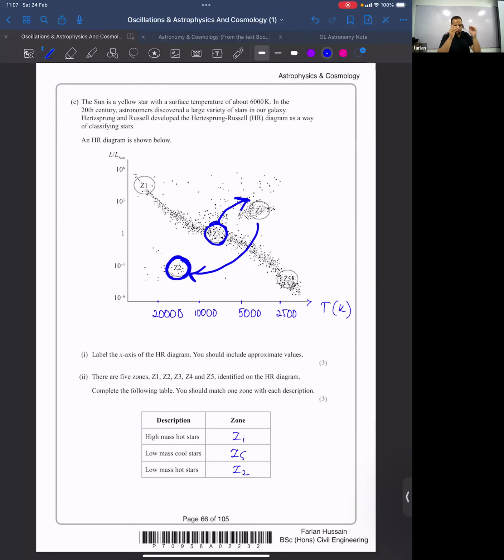Now the gravitational forces will increase, the gravitational forces are larger, and the temperature of the star will increase.